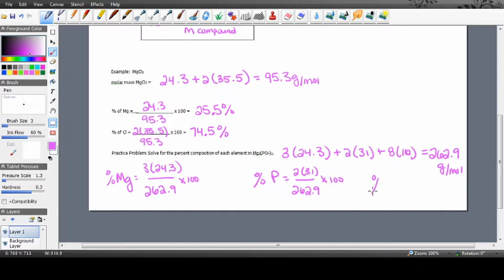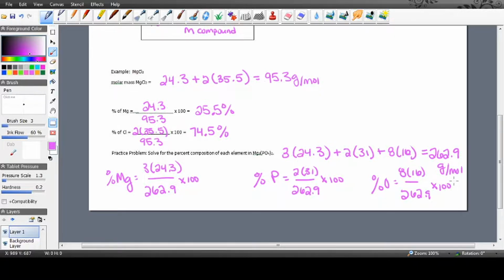And to get my percentage of oxygen, I'm going to do my 8 oxygens over my total times 100. Oh, I've kind of run out of room a little bit. Sorry about that. Okay, so 3 times 24.3 divided by 262.9.